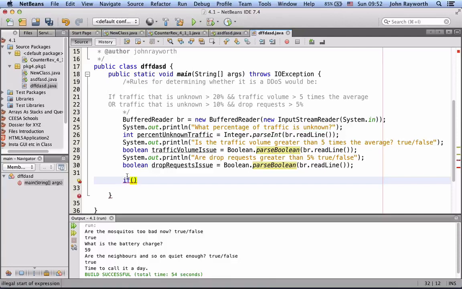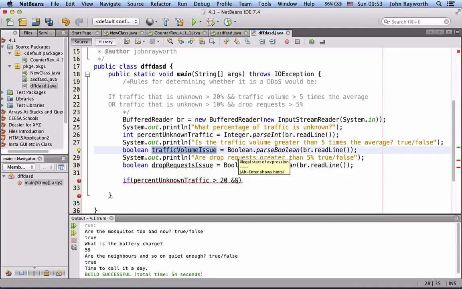If unknown traffic is greater than 20%, and the traffic volume is 5 times greater than the average, which is this variable, well, that's just true or false, right?